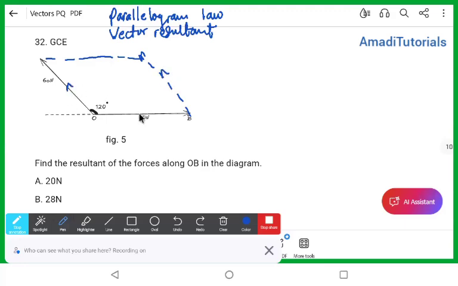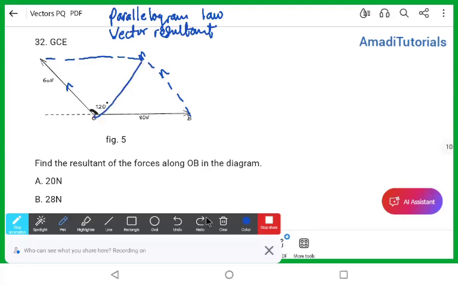Now, the law of parallelogram says that the resultant of the two vectors will be represented by the diagonal of the parallelogram. The diagonal is not from here to here. That is wrong. The diagonal is from here to here.